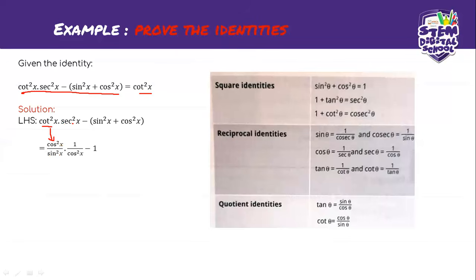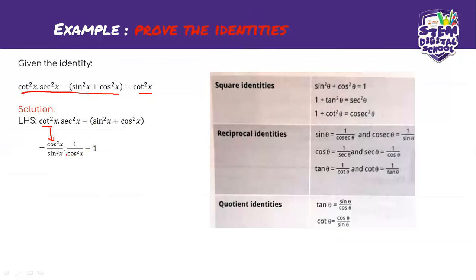Now we have sec squared x. Sec squared x, according to the reciprocal, equals 1 over cos squared x minus, then we all know that sine squared x plus cos squared x equals 1. Hence we have 1 there.